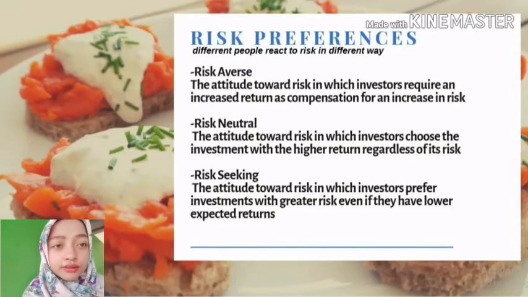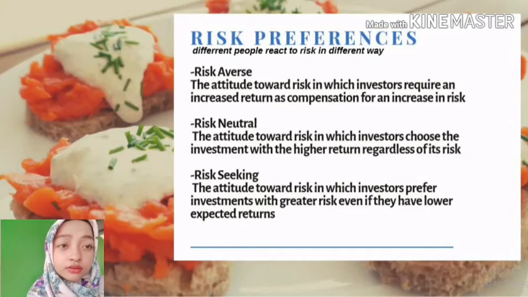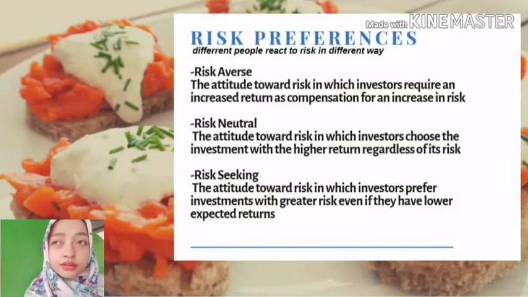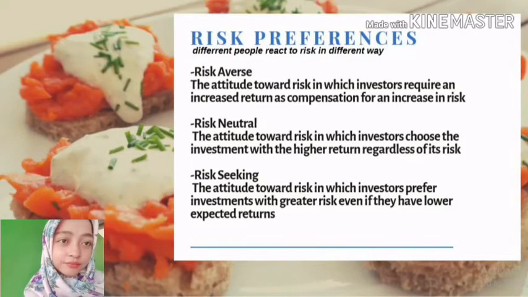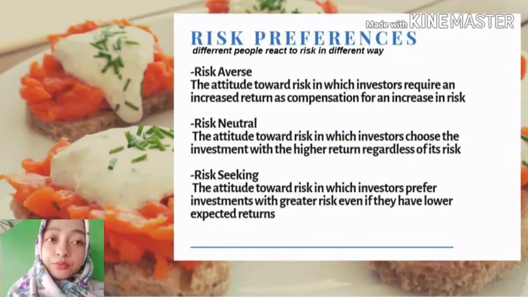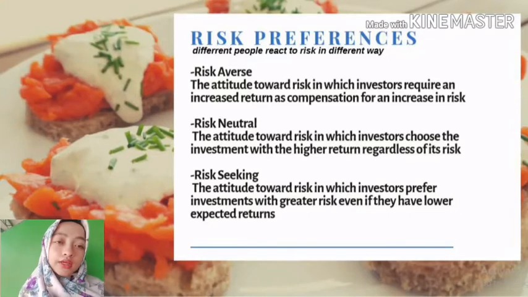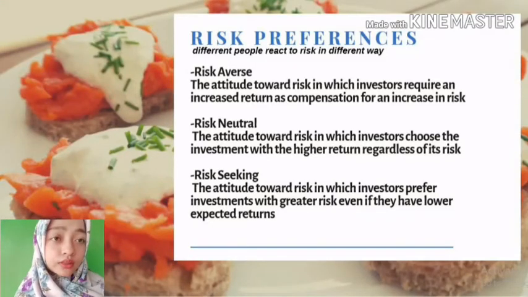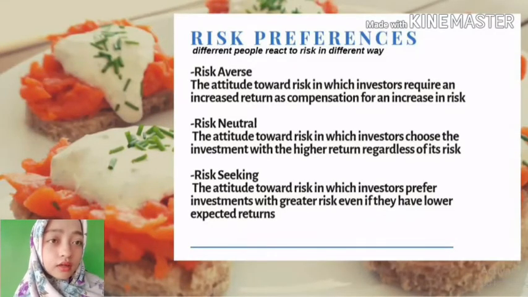Risk neutral is an attitude toward risk in which the investor's choice does not change with risk, regardless of the higher return. The third is risk seeking. It's the attitude where investors choose what they prefer, even if they have a lower return, they don't have any problem with it.